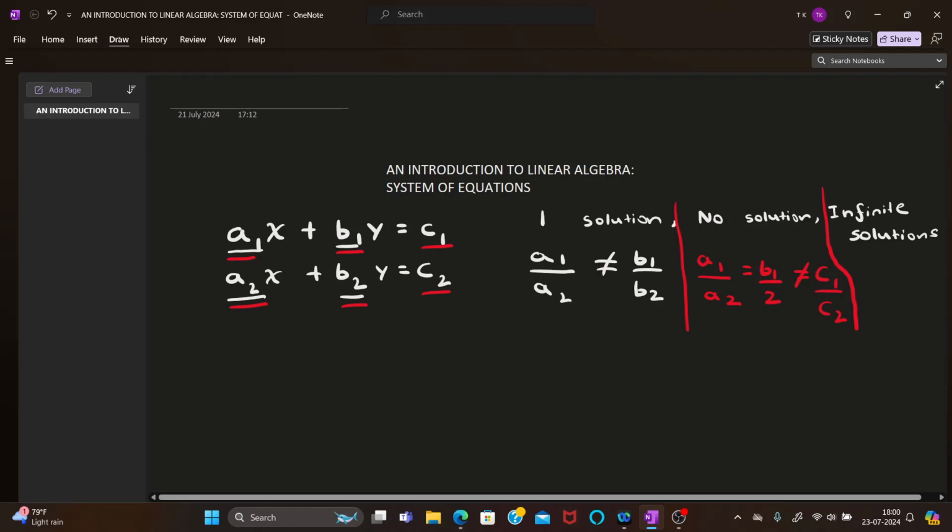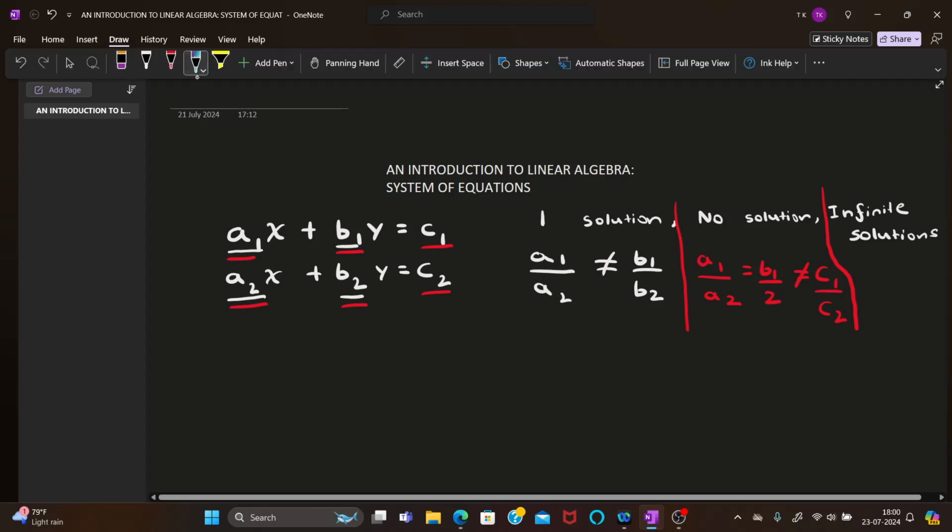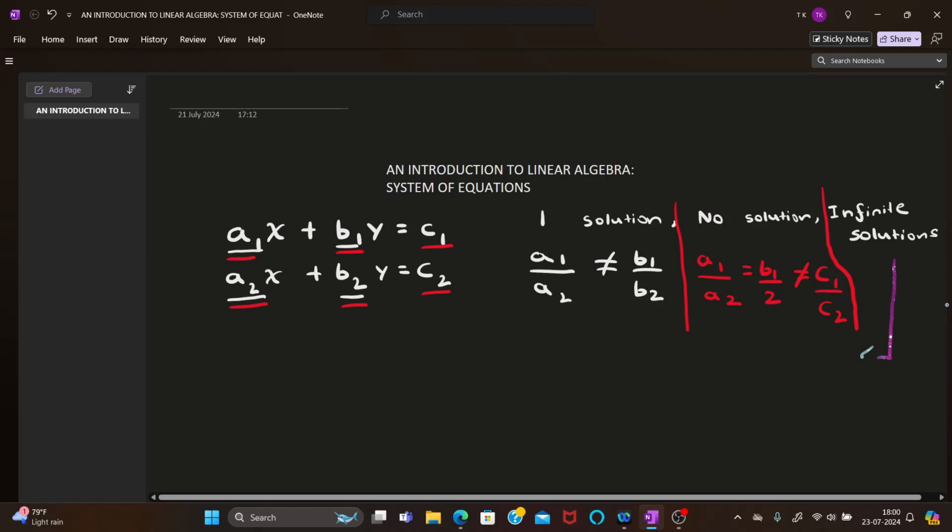Now, let's see for infinitely many solutions. Let's see what the condition is. For infinitely many solutions, as you may have guessed, it's a1 over a2 is equal to b1 over b2 is equal to c1 over c2.